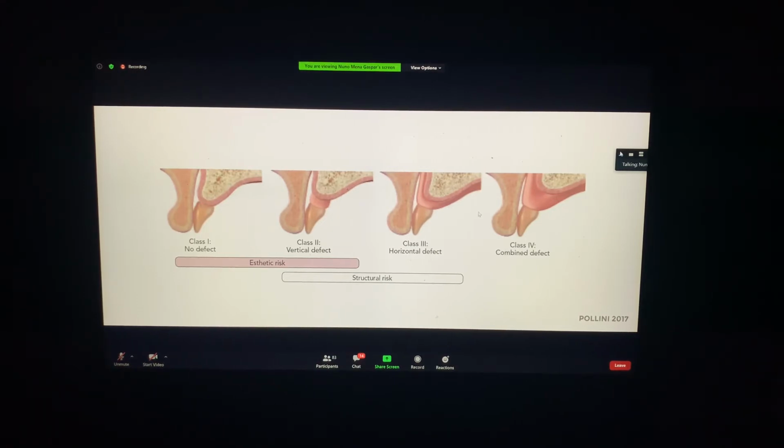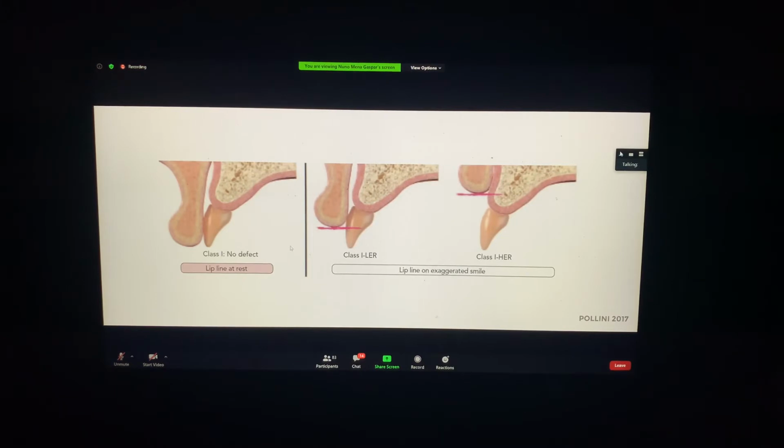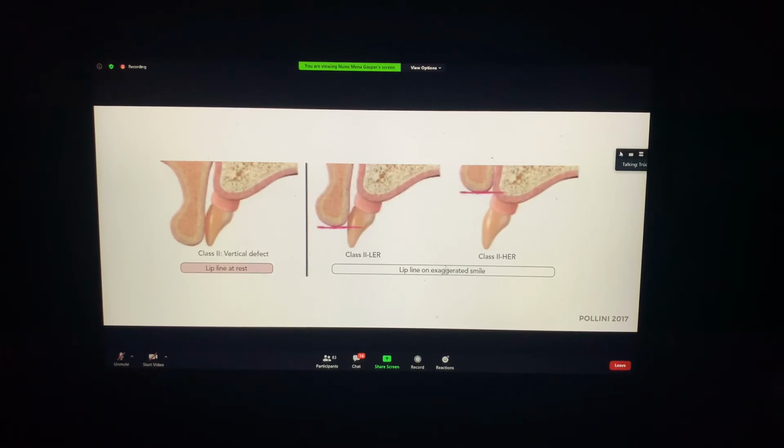So if you have no simple defect or no defect, just the teeth missing, and a lower or higher lip, you can have a lower or a high risk. Loại độ 1 ở cái hình class 1 là không có thiếu hụt. Okay. I've just only said class 1.